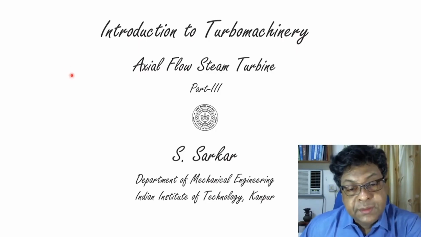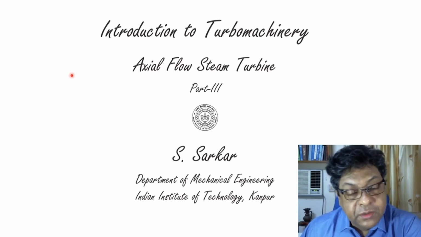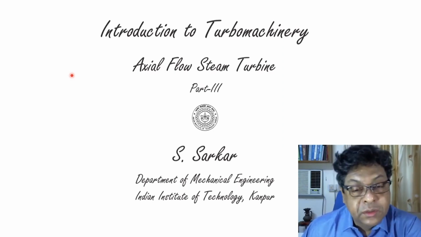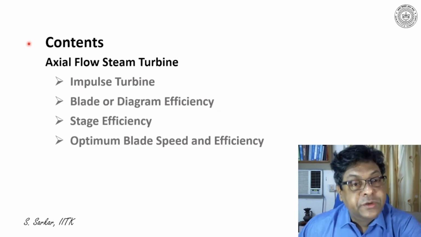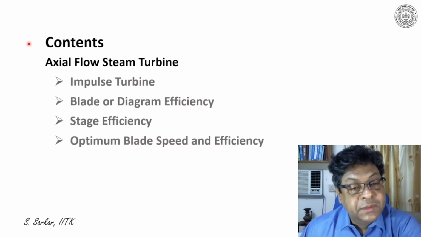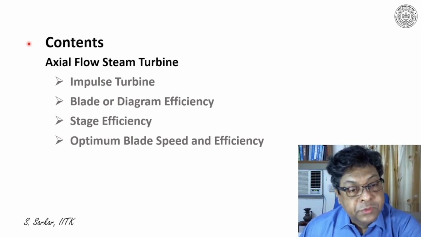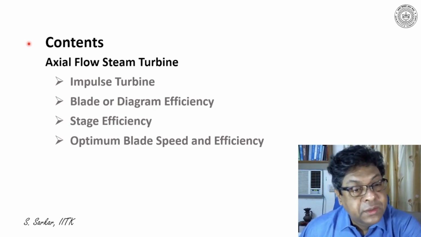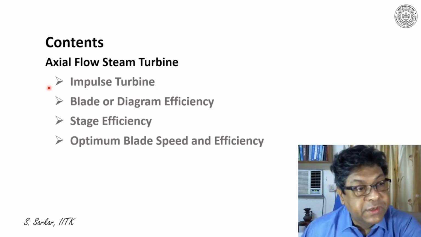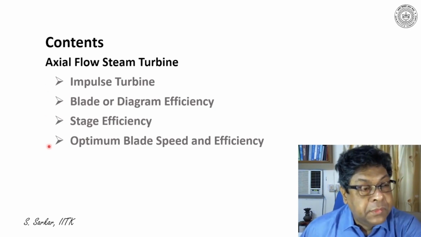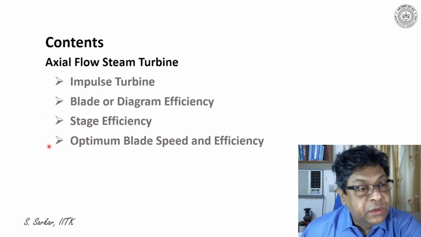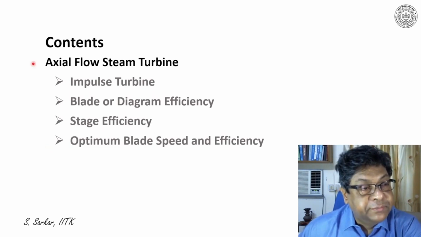Good morning. This is the third lecture on axial flow steam turbine. Contents of the lecture are axial flow steam turbine, impulse turbine, blade efficiency or the diagram efficiency, stage efficiency, optimum blade speed and efficiency.